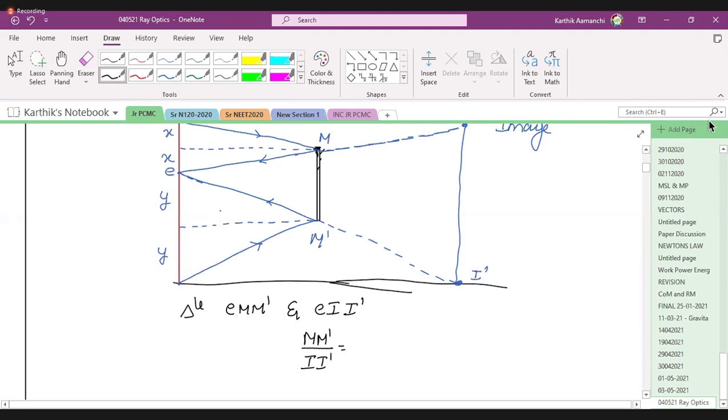So VM by EI. I'm gonna draw a normal like this. This I'll take as O dash M dash divided by I dash, which will be equal to EO divided by EO dash.